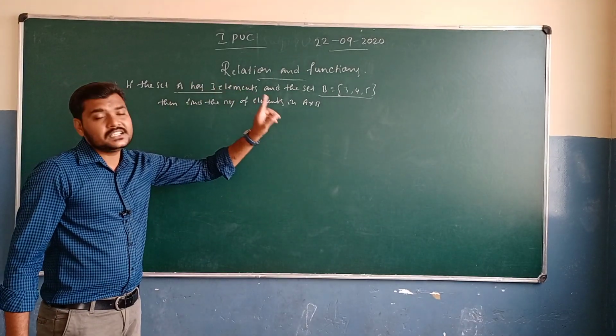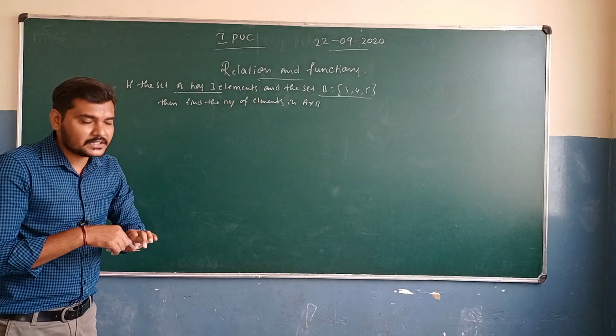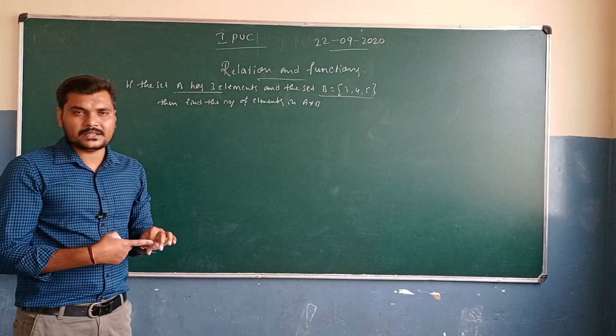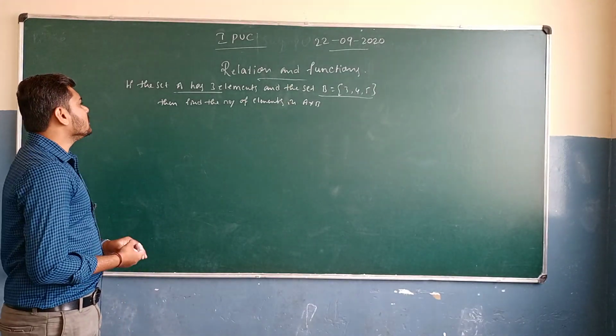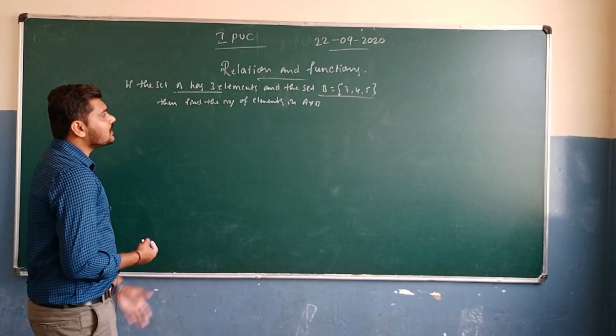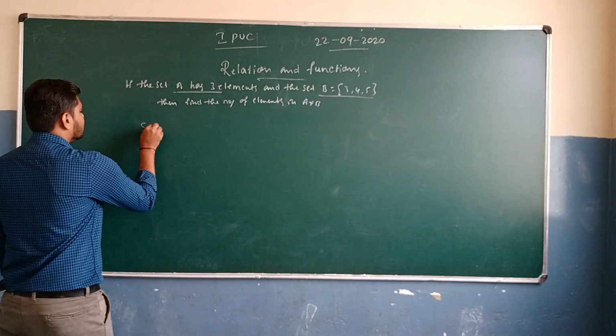The set B has 3 elements, that is 3, 4, 5. We know which elements are present in set B as well as the total number of elements. So we need to find the total number of elements in A cross B. Solution.